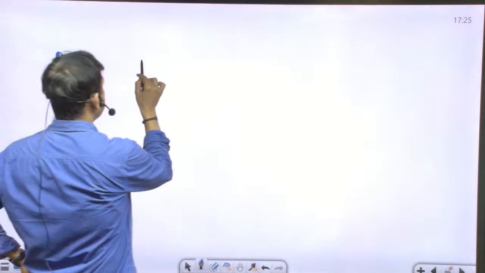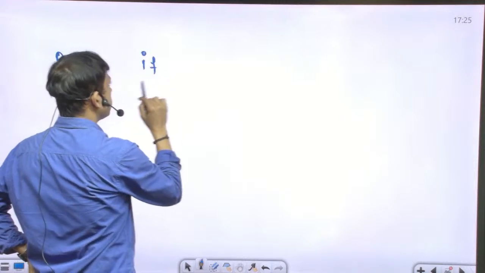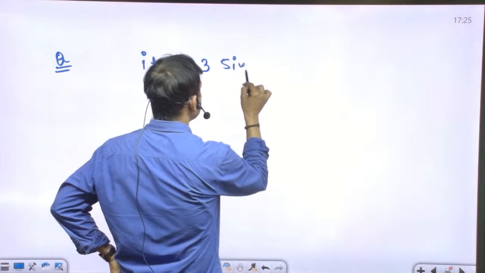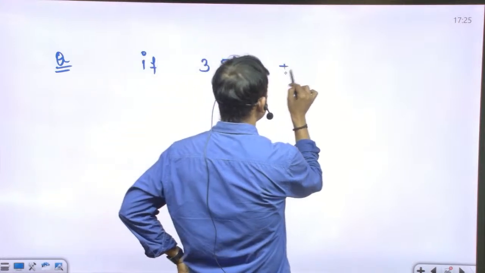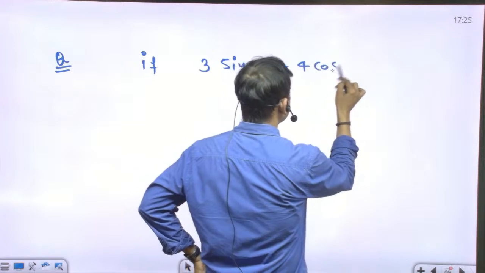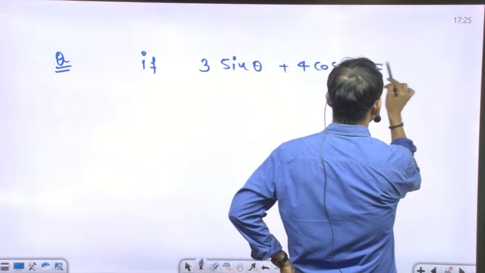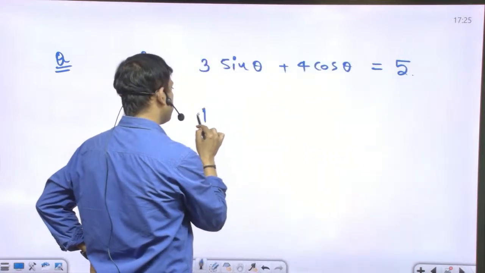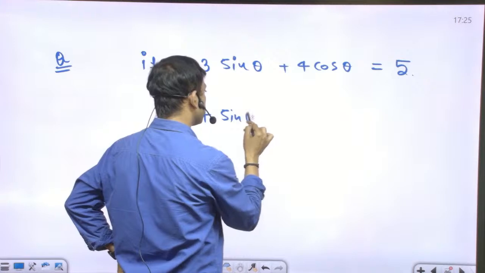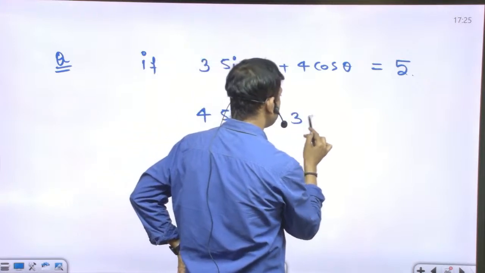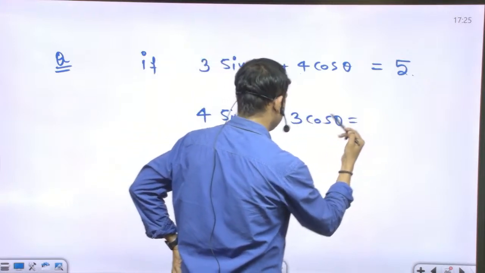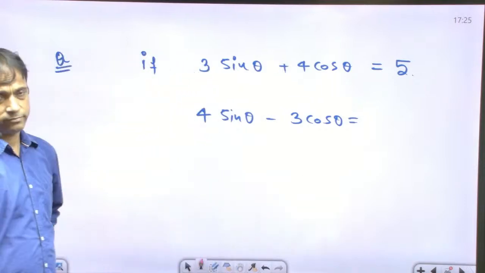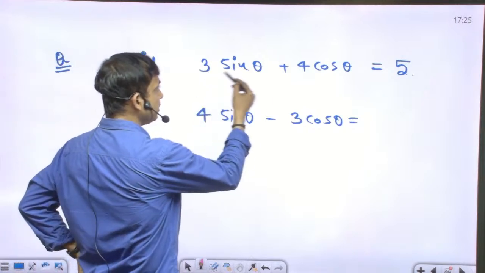The new question is, if 3 sin theta plus 4 cos theta is equal to 5, then what will be the value of 4 sin theta minus 3 cos theta? 3 sin theta and 4 cos theta are 3 and 4.